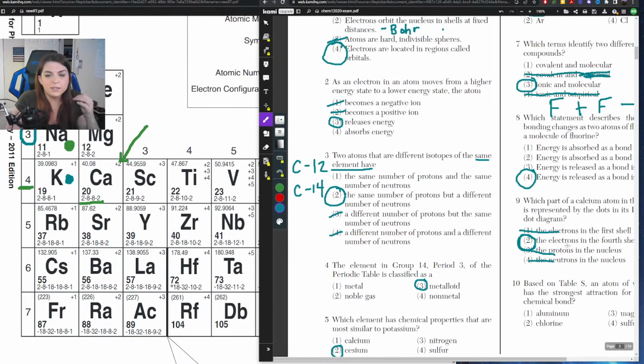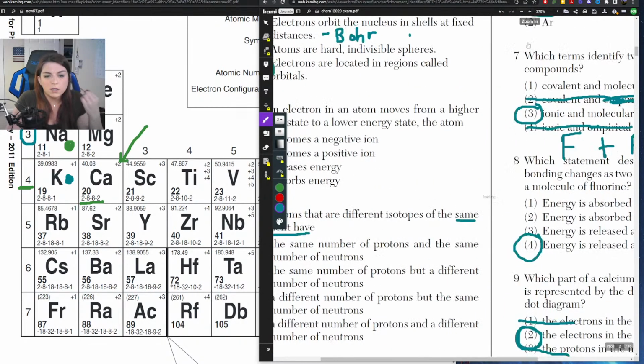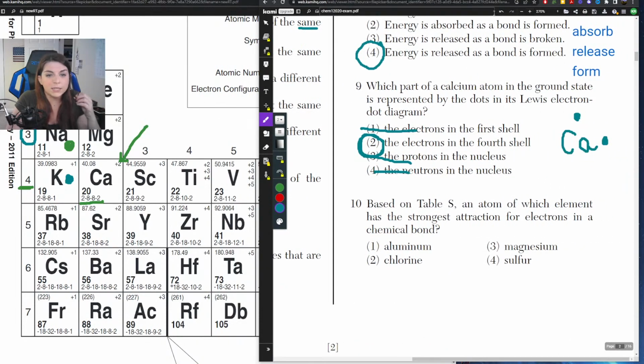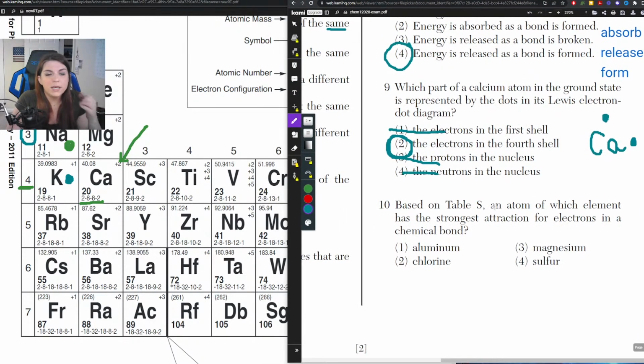Moving to 10. 10 is fantastic because it tells us exactly where to look. It says, based on Table S, an atom of which element has the strongest attraction for electrons in a bond? And that is just the definition of electronegativity.